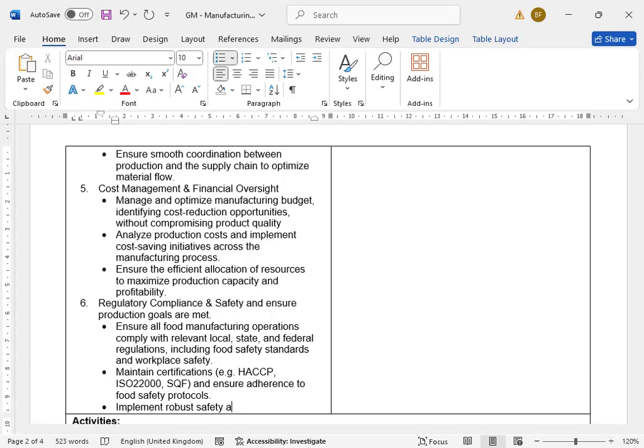Okay, so implement robot safety programs, and regularly review.